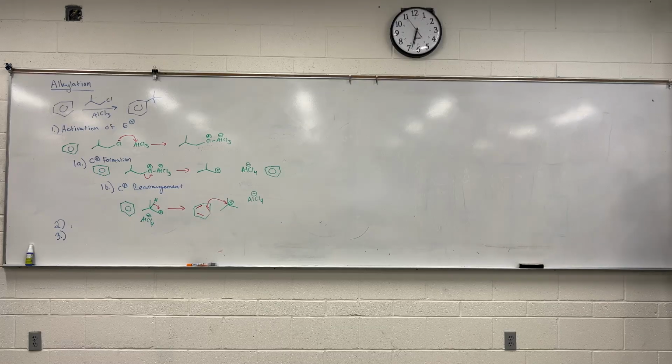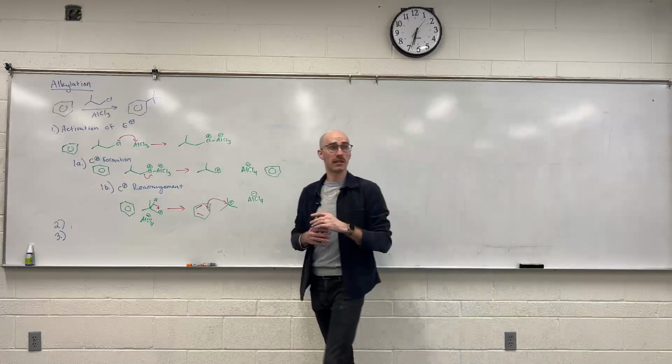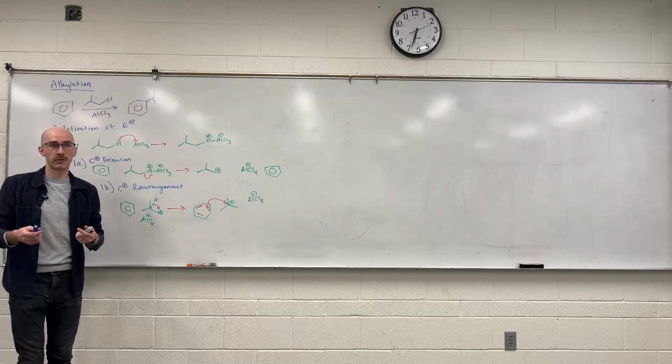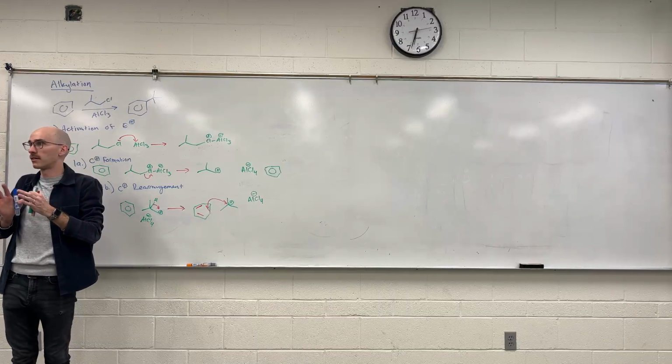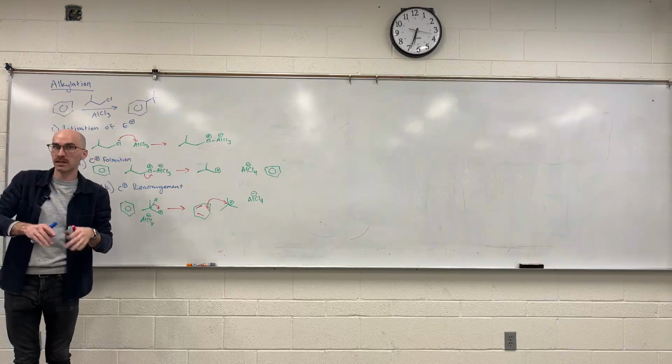It's because there's a resonance form where the positive charge is tertiary. What's more stable, a tertiary carbocation or a secondary carbocation? Tertiary. That's why alkyl groups are ortho-para directors. They can hold on to that tertiary carbocation, stabilize the intermediate even more.